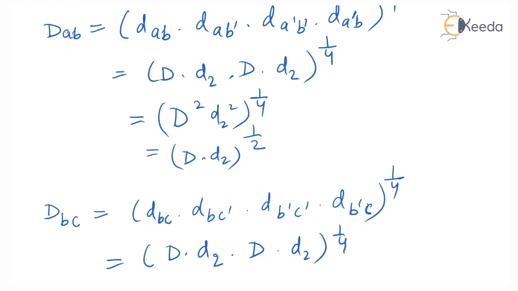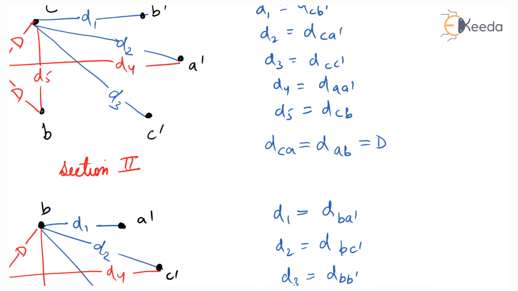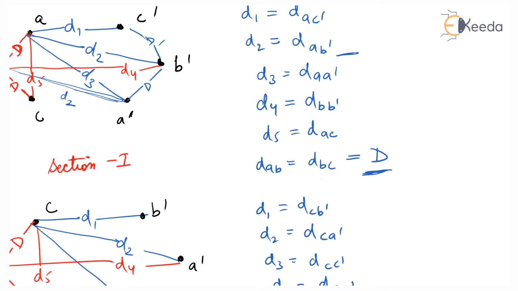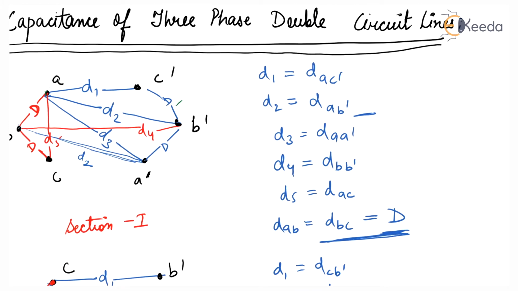We need the distance from B to C, B to C dash, B dash to C dash and B dash to C. So the distance from B to C, we know for section 1, is D. Now the distance from B to C dash: this is B and this is C dash, so this distance is D2.